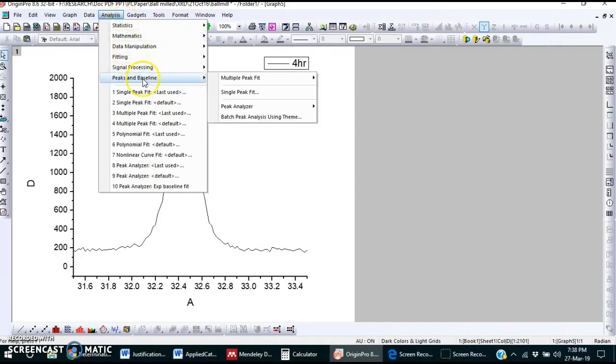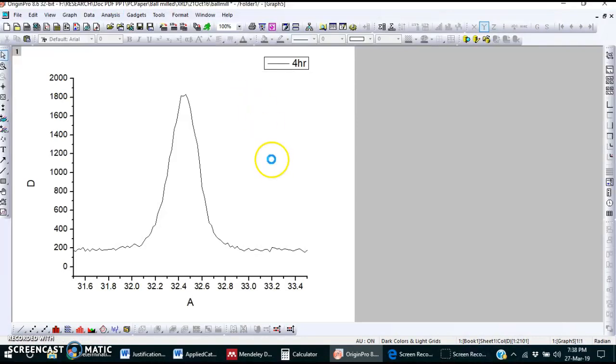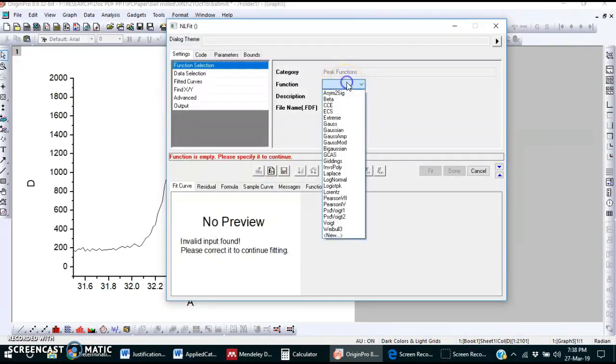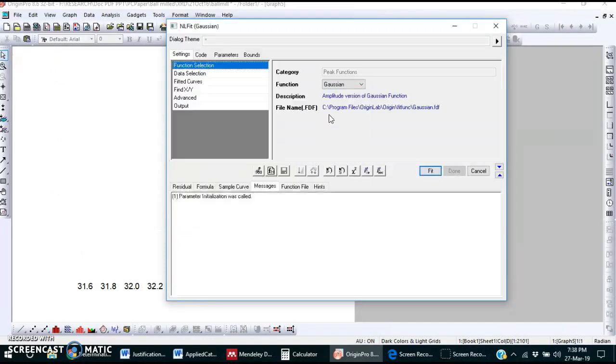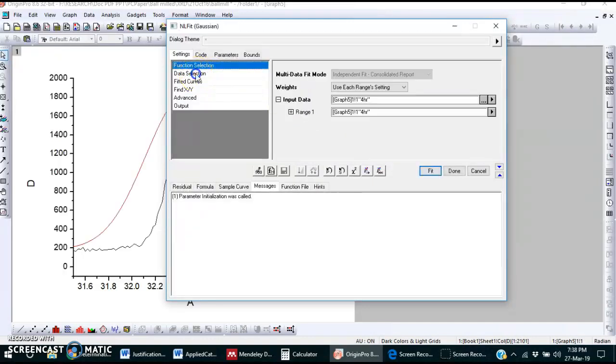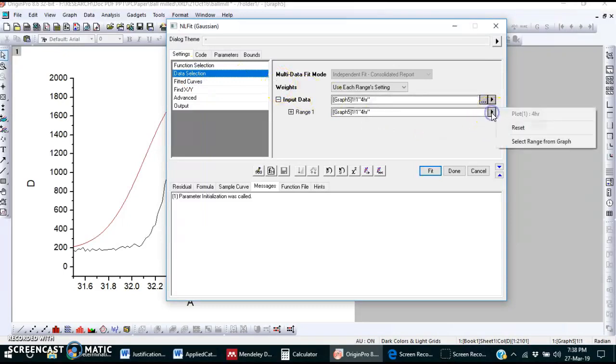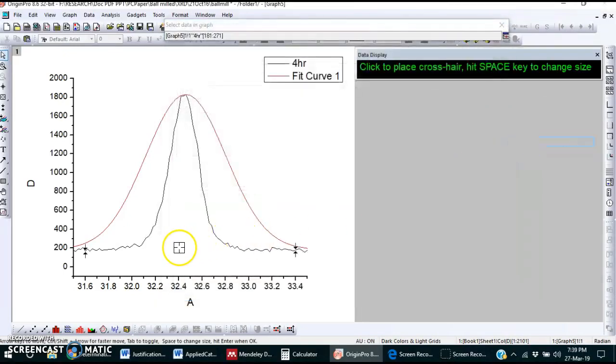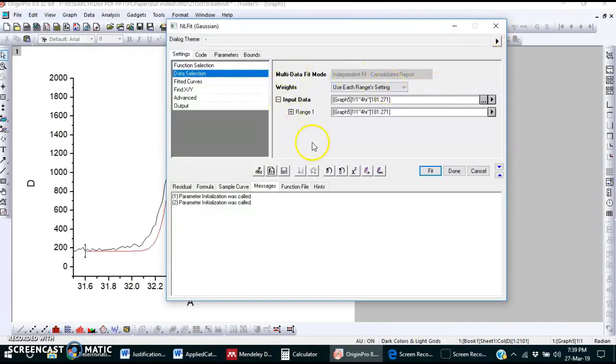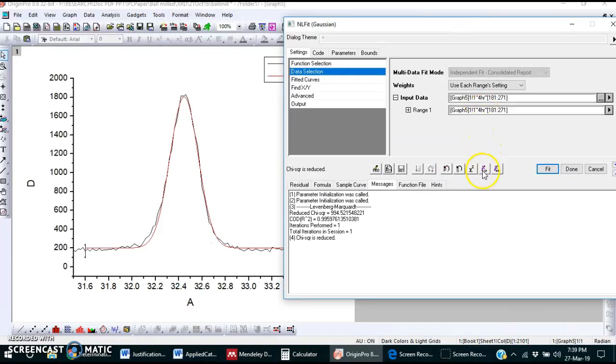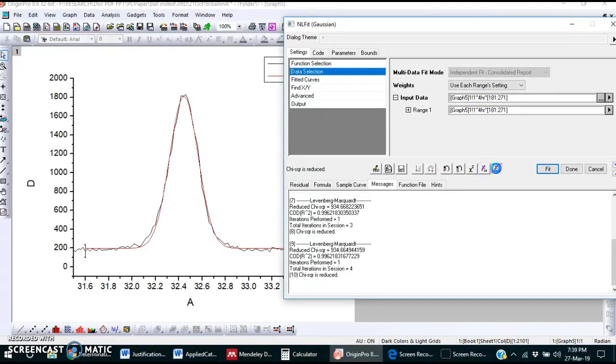We need to fit it with single peak fit, and the function would be Gaussian. Then we need to select the data range, select range from the graph from here to here. Okay, we have selected it here. Go to the Gaussian function again, then start iteration, one iteration, two iteration, like this, till it converges.